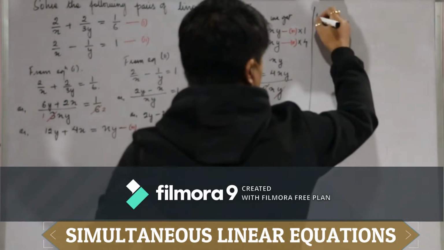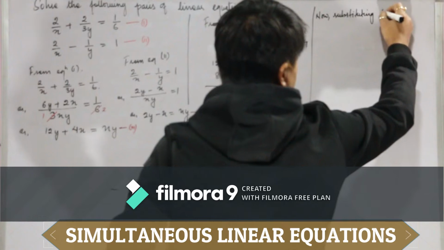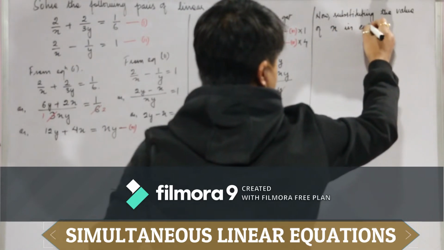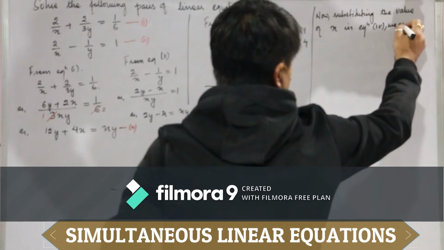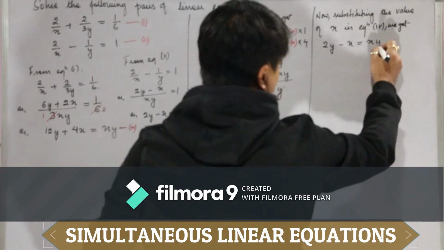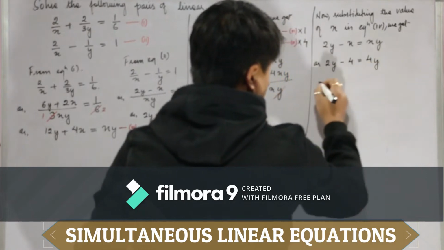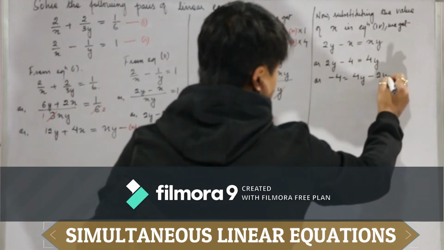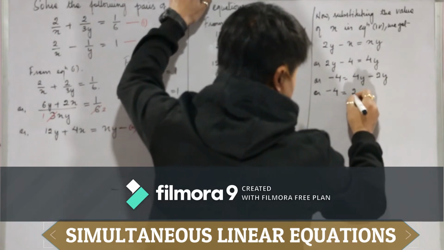Now substituting the value of x in equation 4, we have 2y minus x equals xy, or 2y minus 4 equals 4y, or minus 4 equals 4y minus 2y, which is minus 4 equals 2y.